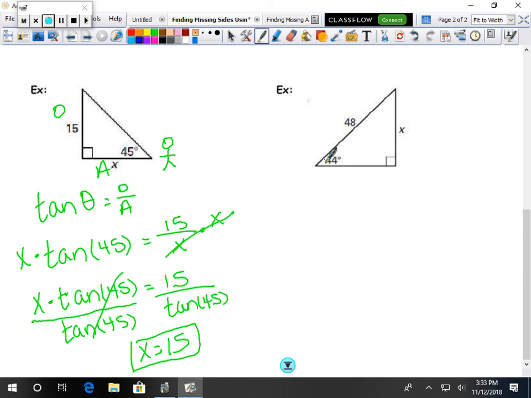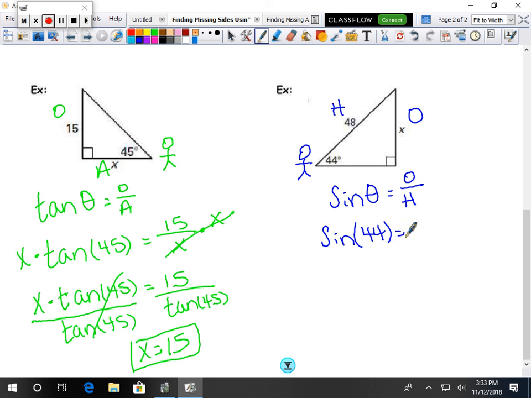Okay, and one last problem here. 44 degrees here tells me this is where I'm going to start from. So I'll label x as O, 48 would be H. So O and H tells me that I'm going to use sine. Sine theta is equal to O over H. So I fill everything in.